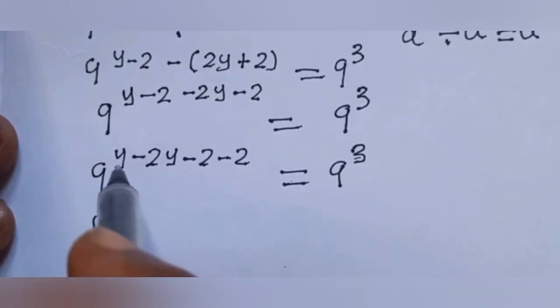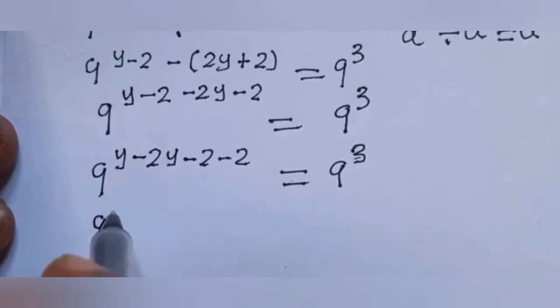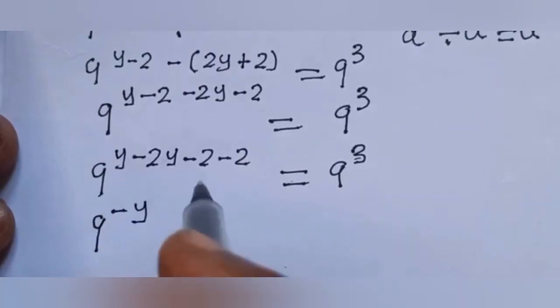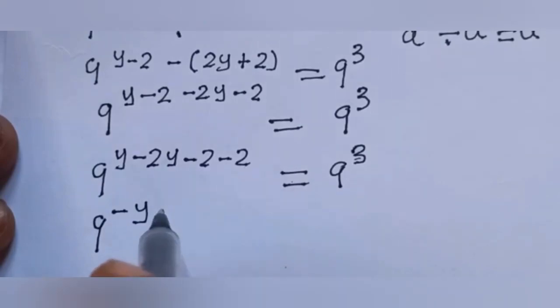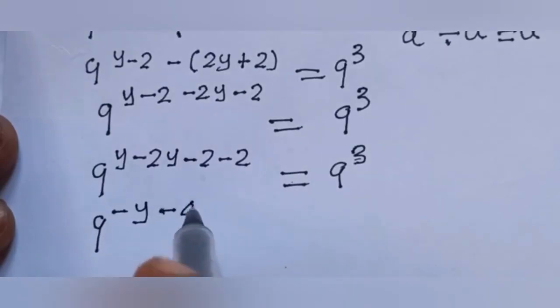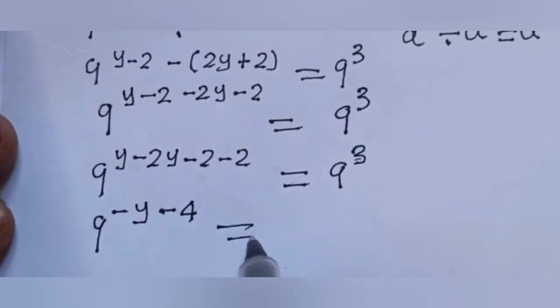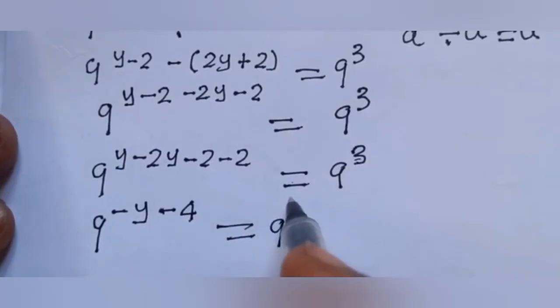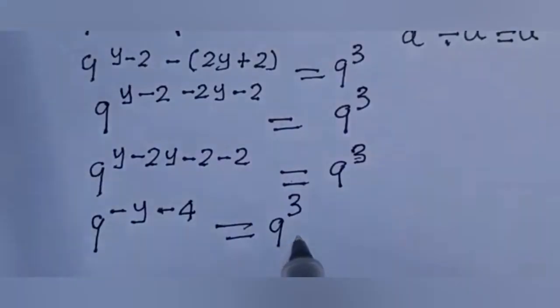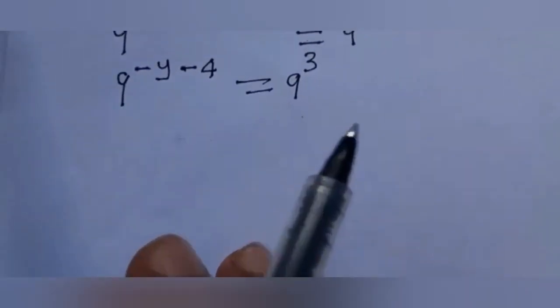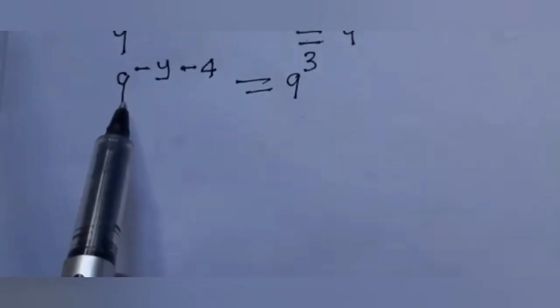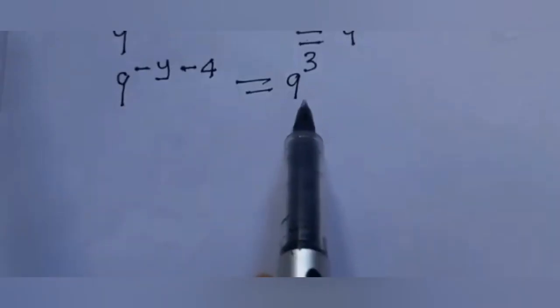y minus 2y, we get negative y. Minus 2 minus 2, we get minus 4, equals 9 raised to power y. As you can see here, the base is 9, here the base is 9.